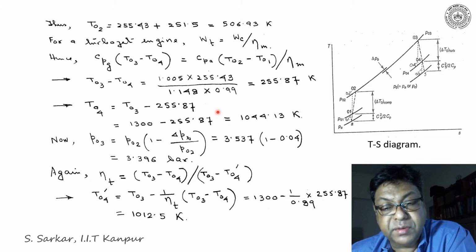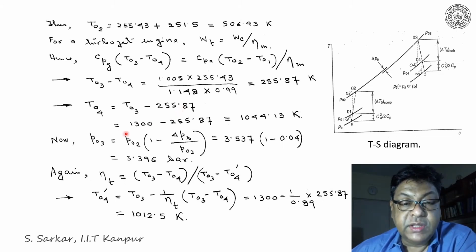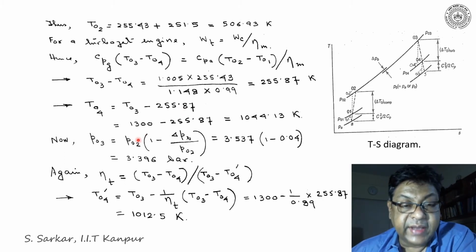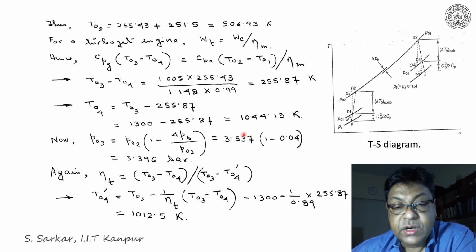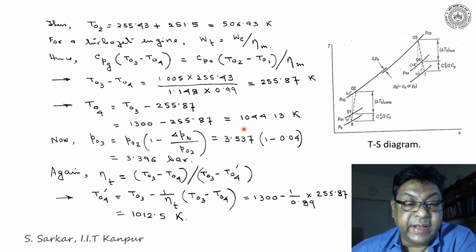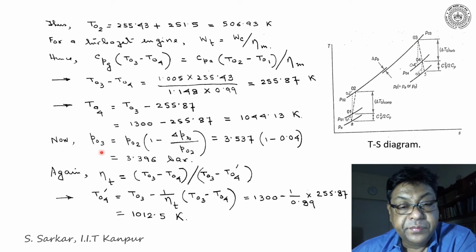Now T04 is equal to T03 minus 255.87. T03 is the maximum temperature of the cycle, which is given as 1300 Kelvin. Thus, I can evaluate it. I have evaluated T04 as 1044.13 Kelvin. I can assess now P03, the total pressure at the state point 3.